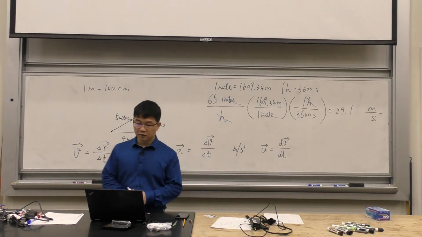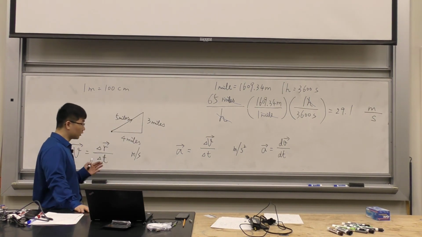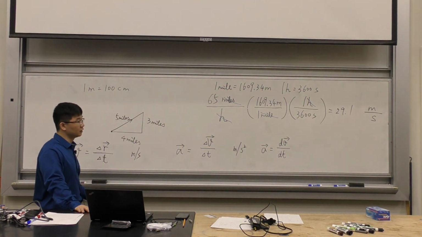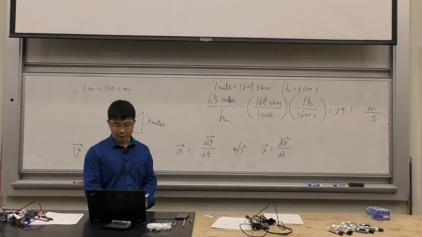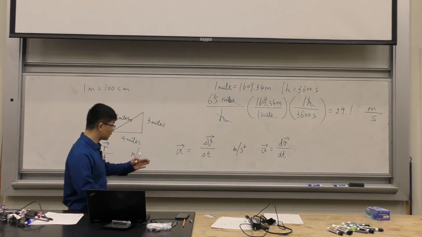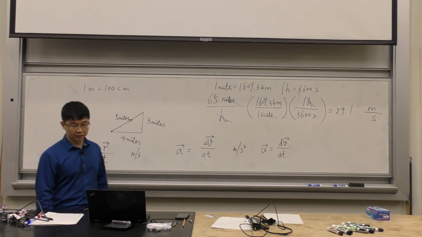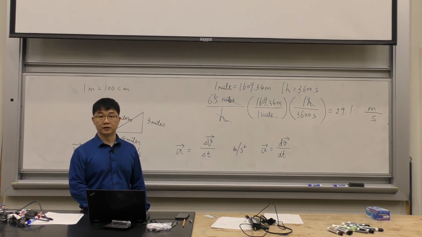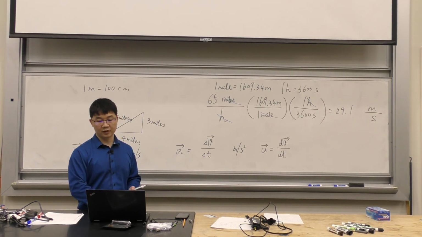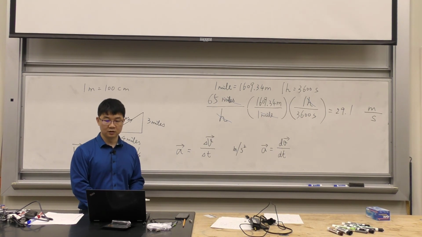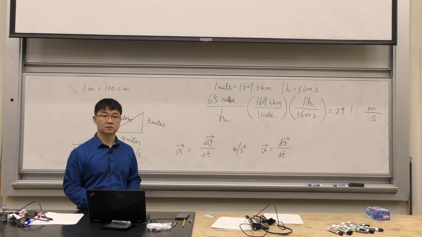So these are the quantities we're going to use to study the motion of an object, okay? And then next time, because they are all vectors, we're going to discuss how to work with vectors, because vectors are very important in physics in this part, and a lot of people have difficulties working with vectors. So that's what we're going to do next, okay?